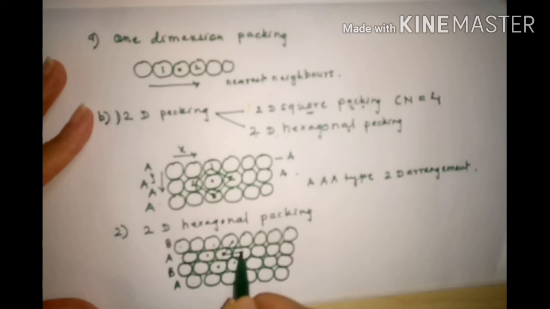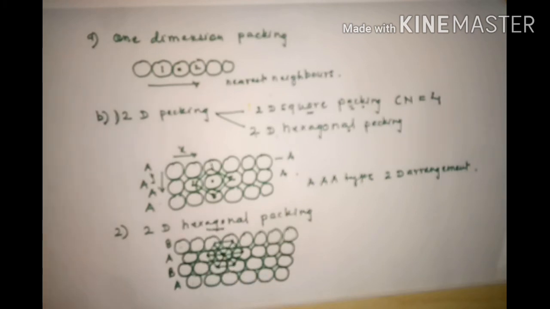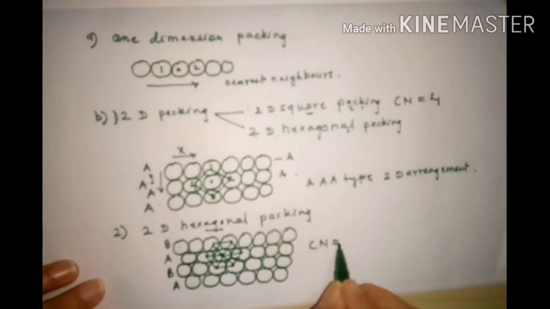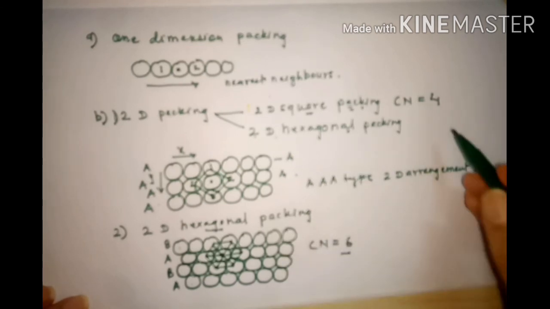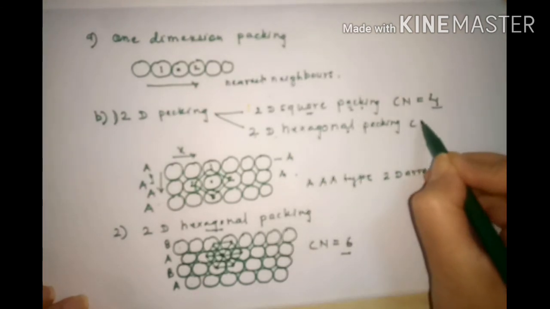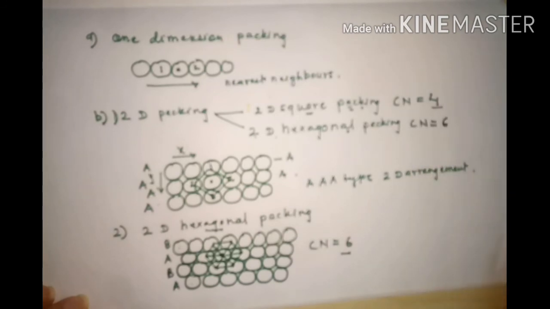You can join them this way. Each sphere touches 6 different spheres forming a hexagon, and that is why this is called 2D hexagonal packing. The number of neighboring spheres that touch any given sphere is called its coordination number. So in this case the coordination number is 6, whereas in square packing the coordination number is 4.